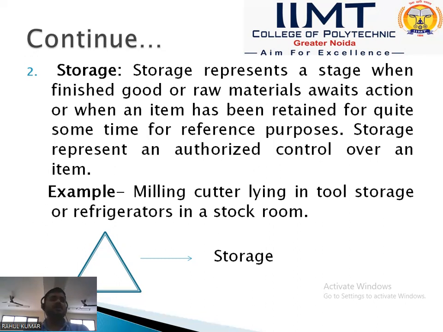Storage means anything which is in store under authorization. For example, a milling cutter lying in a tool storage, or a refrigerator in a stock room, or all the tools lying in a storage room. These are examples of storage, which is denoted by the triangle symbol.